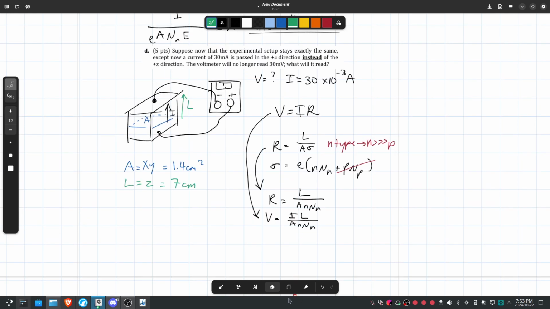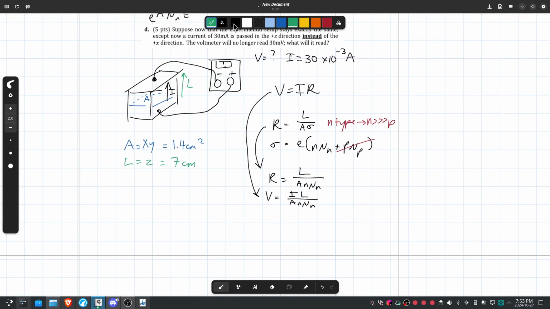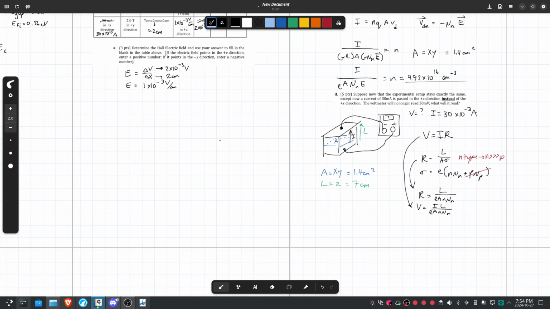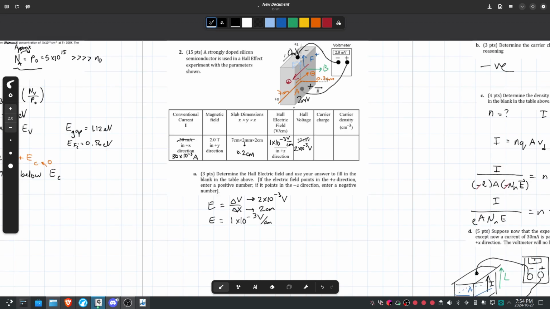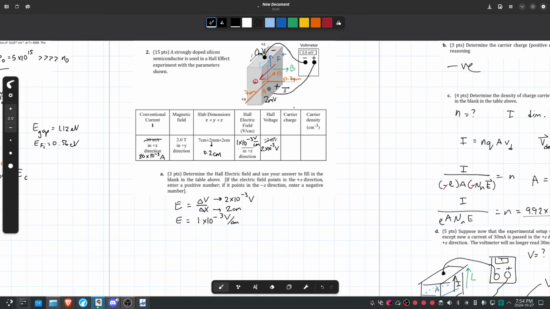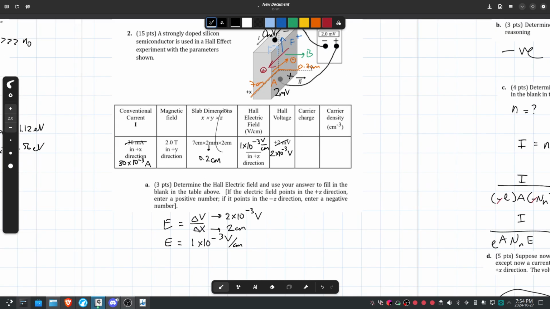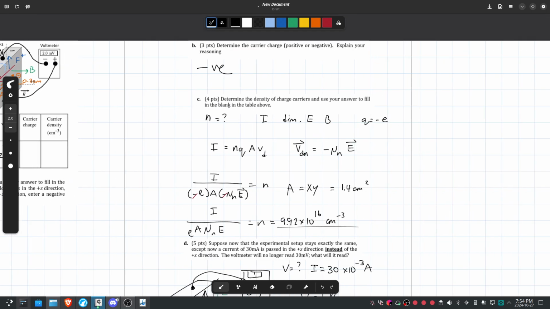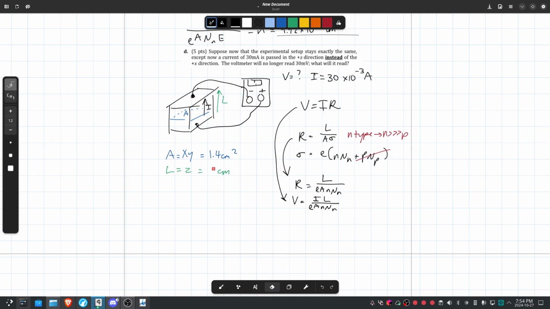Did I forget an E again? I did forget it. I keep doing this, man. Okay, still managed to screw it up. Uh-oh. Oh, that's why. Z is 2 centimeters tall, not 7. There you go.